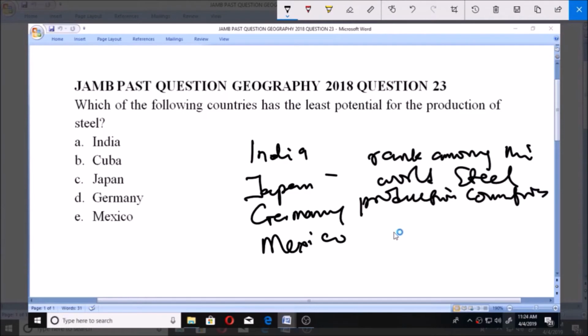This is from Wikipedia. So all of them rank among the globally recognized steel production countries.